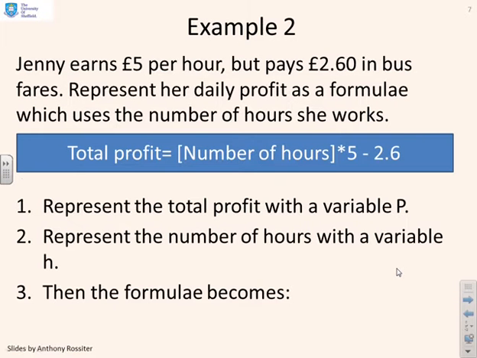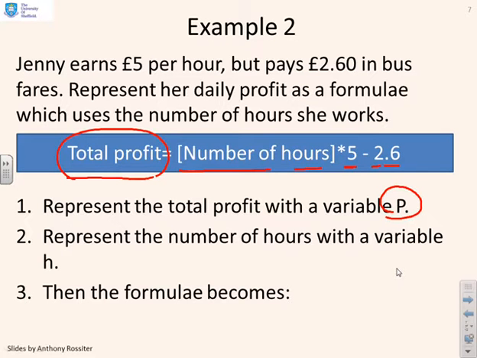Example 2. Jenny earns £5 per hour but pays £2.60 in bus fares. Represent her daily profit as a formula which uses the total number of hours she works. And you remember from the previous video, this is what we got. The total daily profit is given by the number of hours she works times 5 minus 2.6. So again, you see quite a lengthy formula given you've got all these words in it. So what we can do is we can represent the total profit with a variable p.